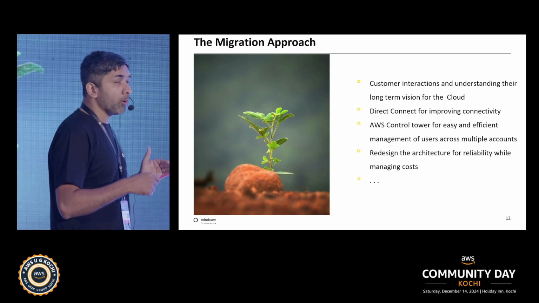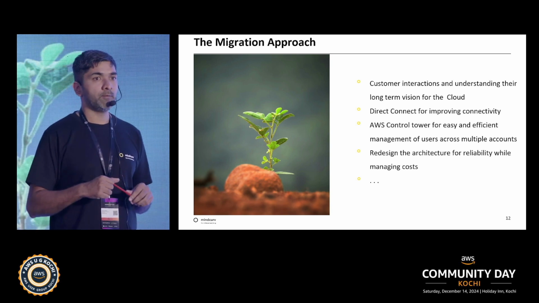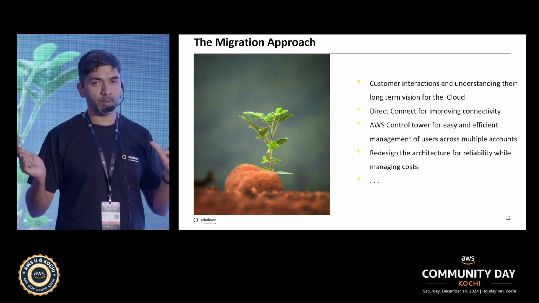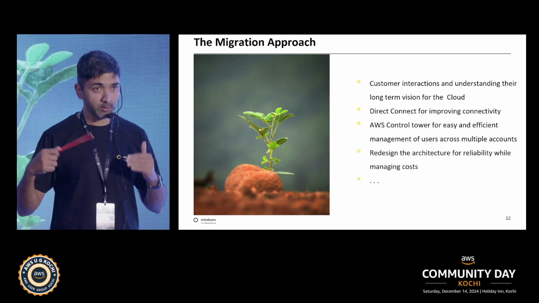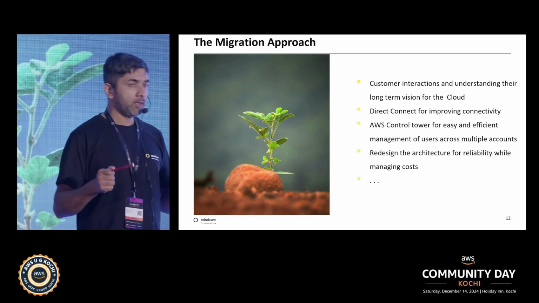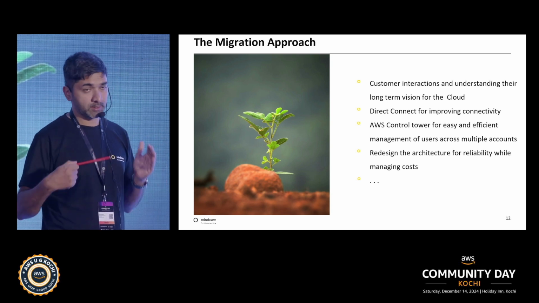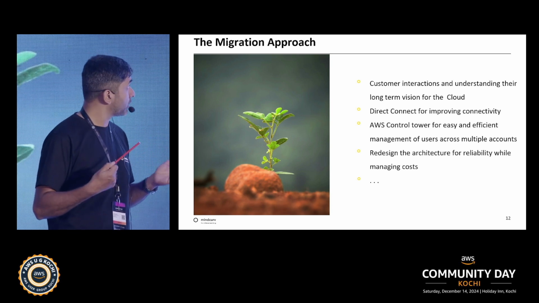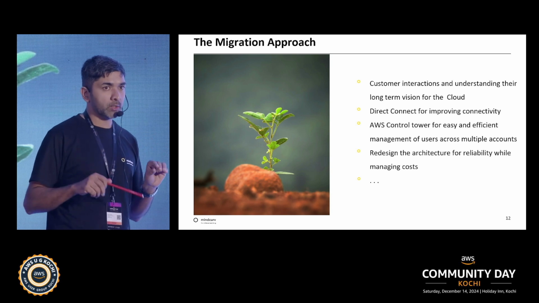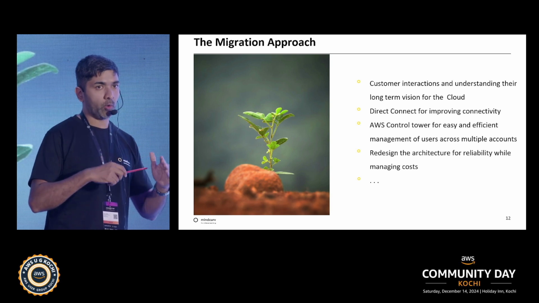We also plan to introduce AWS Control Tower, which will help the customer easily manage their multiple AWS accounts for each environment, and also manage the users. To make all these changes, an architecture redesign was definitely needed. We plan to redesign the architecture, and that needs to ensure that it is not crossing their budget or giving them a huge expense.